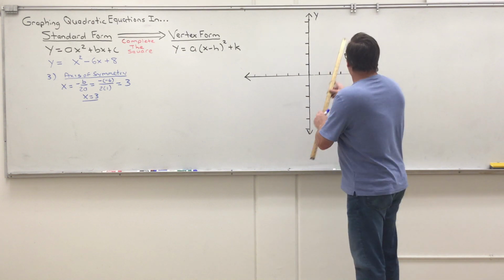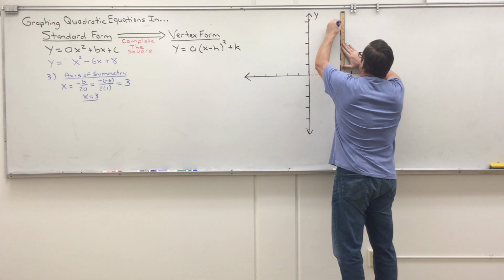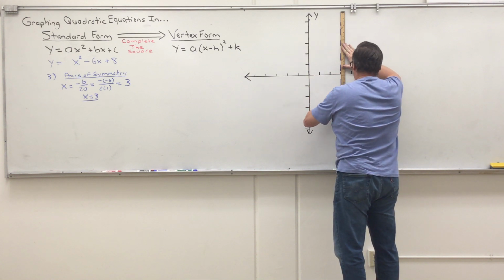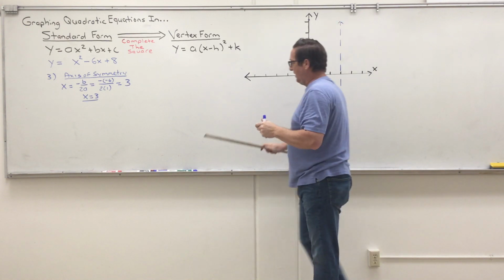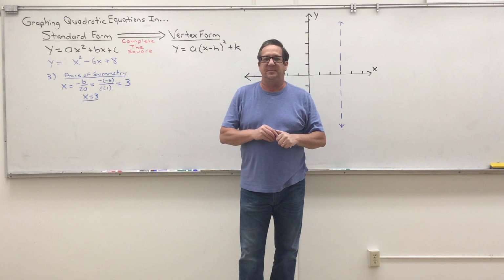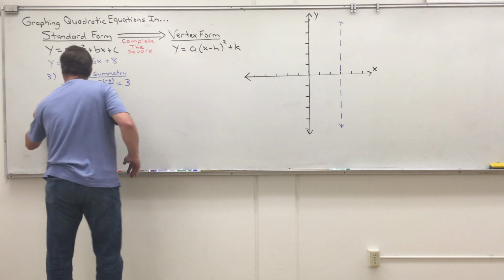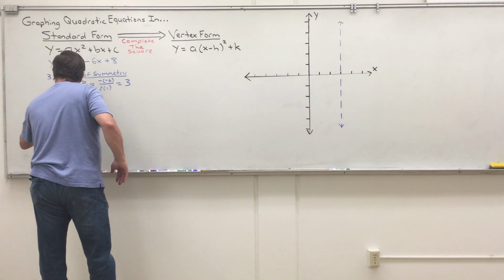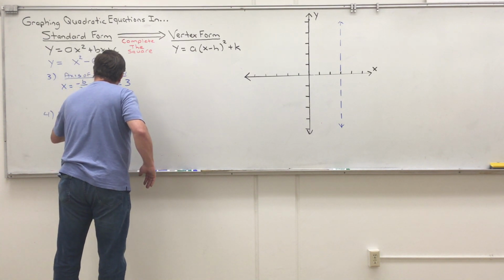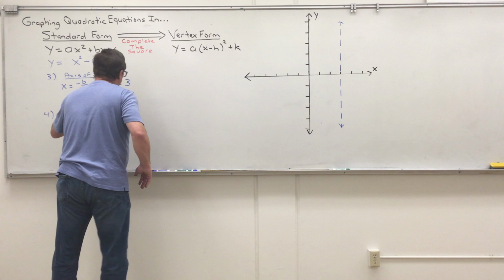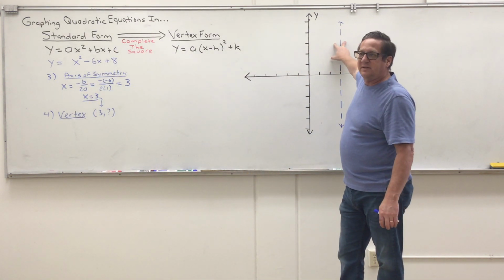And I had you guys come over to your graph. And you made your axis of symmetry. Okay? Step 4, we found the vertex. We want to find our x comma y. We want to find our point that is on the graph.